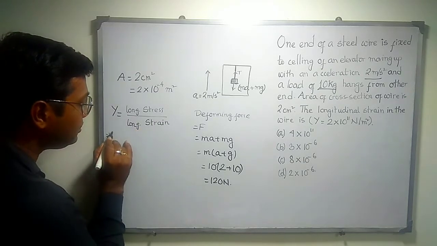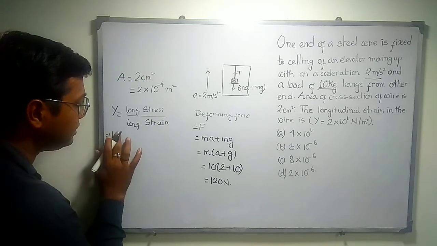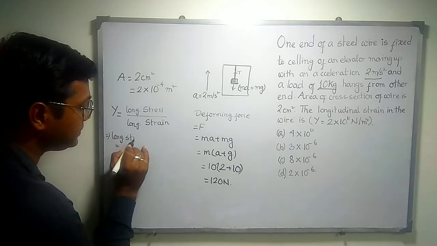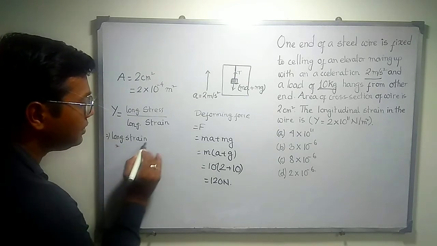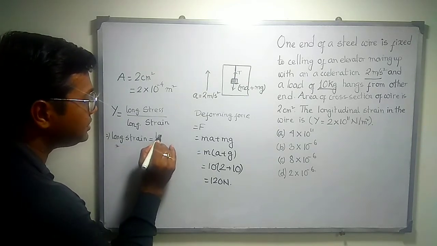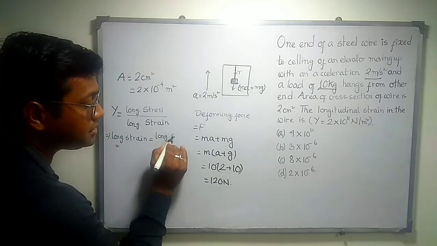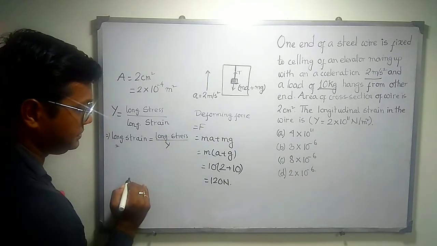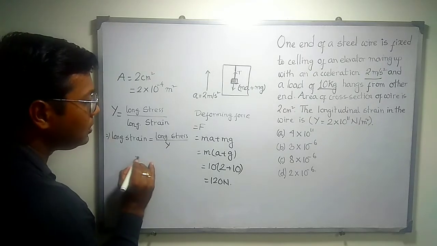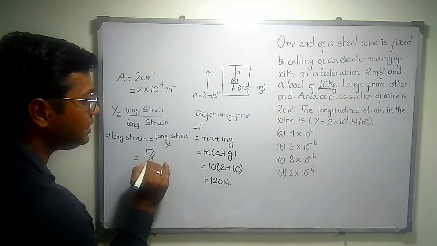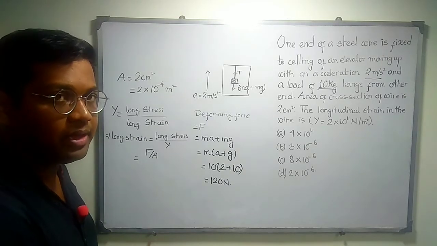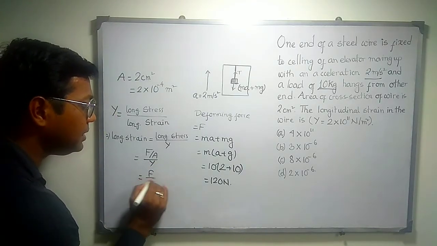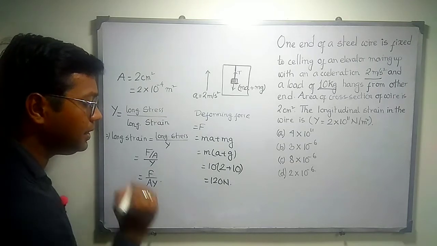So we want to calculate the longitudinal strain here, which is basically the longitudinal stress divided by Y. Longitudinal stress is capital F divided by A, divided by Y. So it becomes F divided by AY.